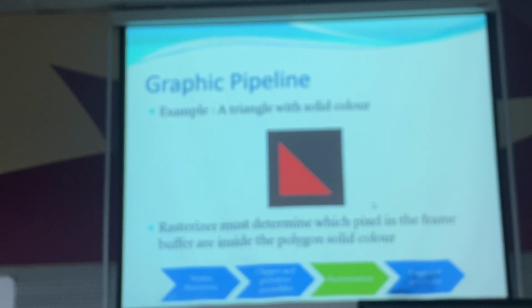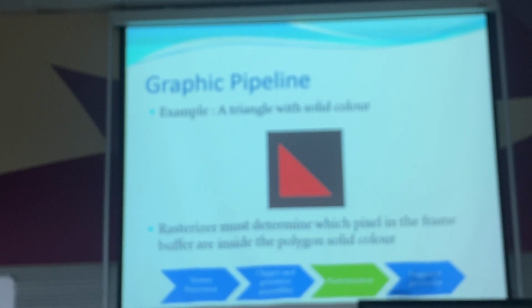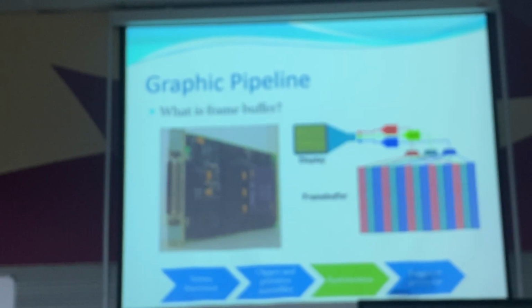The rasterizer will determine which pixel is inside the polygon, with the color, and which one is the background. This job is done in the rasterization. Last, it will pass to the fragment processor.